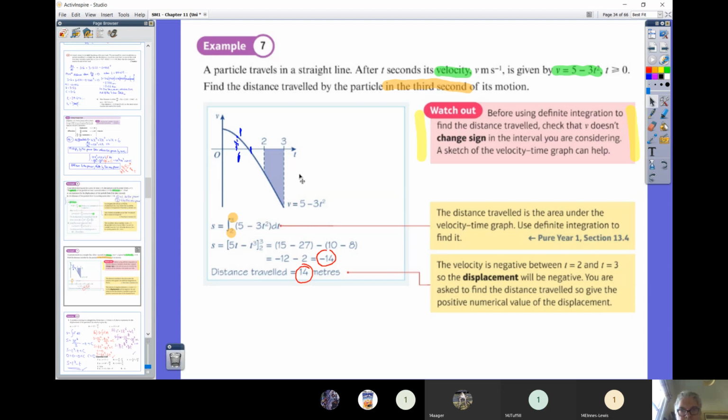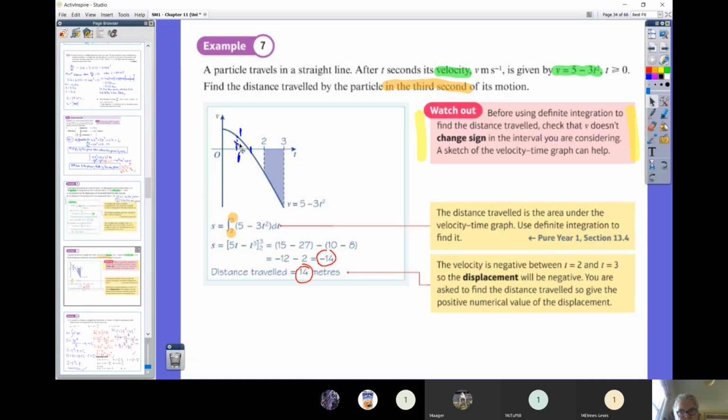And then the only other thing I wanted to mention, and I can't remember if this crops up in the exercise or not, just be careful when you're doing a definite integral like this, that the area that you want doesn't cross the x-axis. If it did, you would need to go and work out the two separate bits and add them together, because otherwise they're going to be netting off, aren't they?